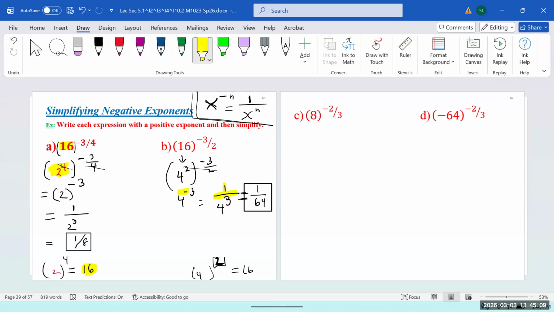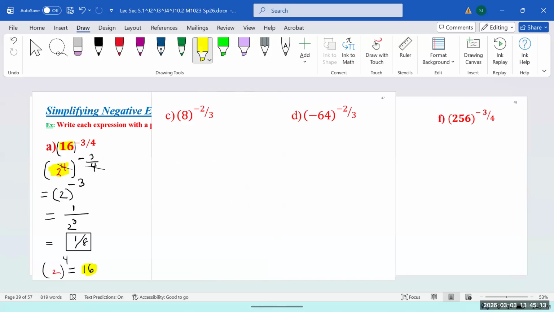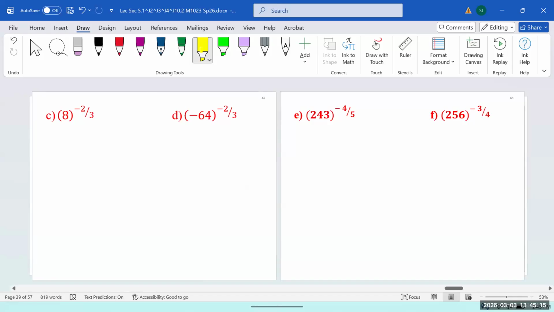Lady says she'd like to do C. So which one would you like to do, D? And Joshua, I have more questions. You can do either one of these. I have two more. So the first one Lady is going to do, the second one Justin is going to do, and then pick one of these for E and for F. Joshua, which one would you like to do, D, E, or F?